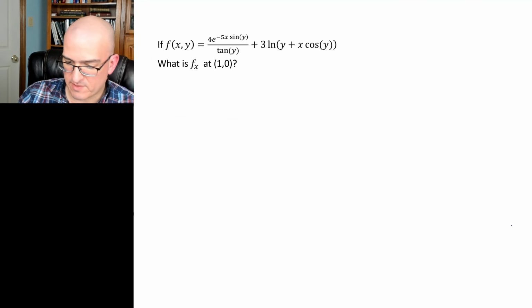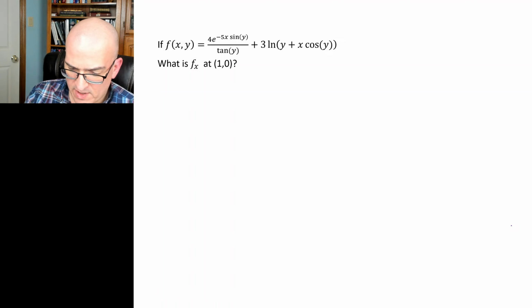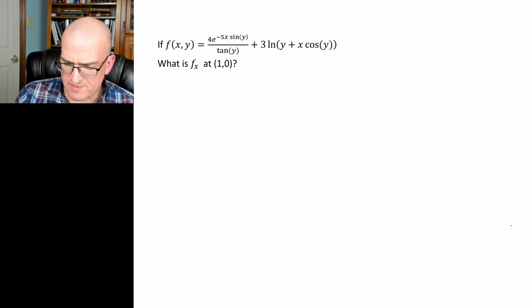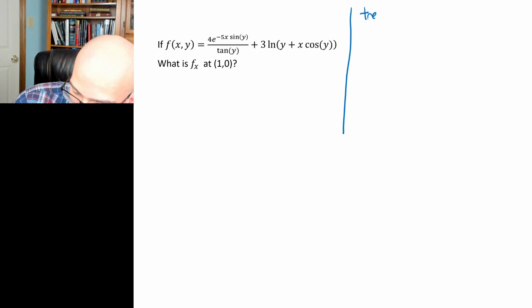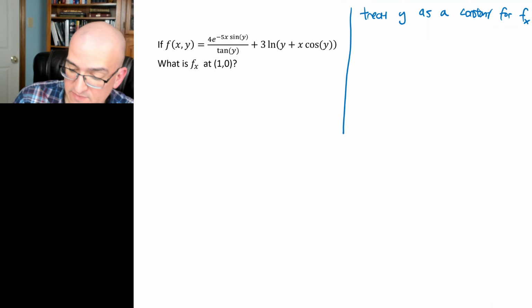All right, another multivariable derivative problem. We have the x derivative of this nasty looking expression evaluated at 1, 0. So let's break it down. Let's think about what it means to take an x derivative of an expression like this. To take the x derivative means we treat y as a constant. So I'm going to rewrite this as a function of x.